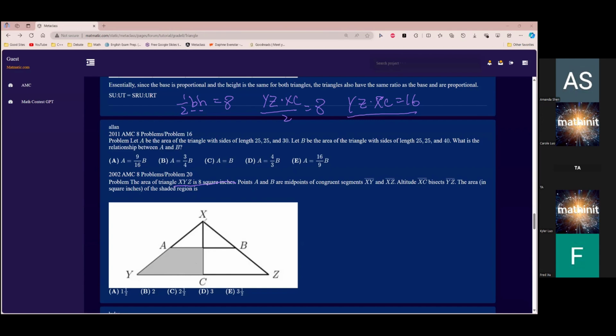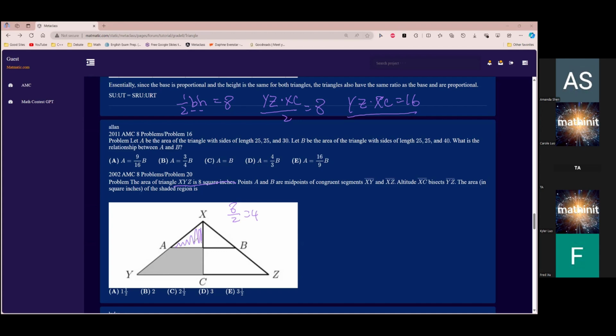So that means the area of XYC is half of XYZ. So the area of XYC is going to equal 8 divided by 2, which is 4. So in order to find the shaded region, you're essentially subtracting 4 by whatever this is over here.